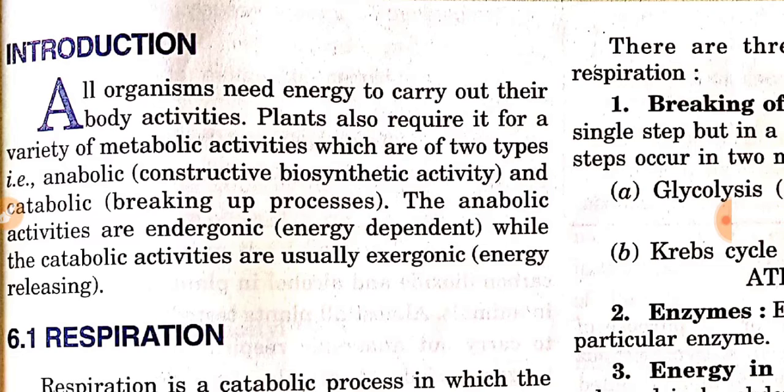The anabolic activities are endergonic, meaning energy dependent, while the catabolic activities are usually exergonic, meaning energy releasing. So in anabolic activities, an organism requires energy, and in catabolic activities, energy is released.